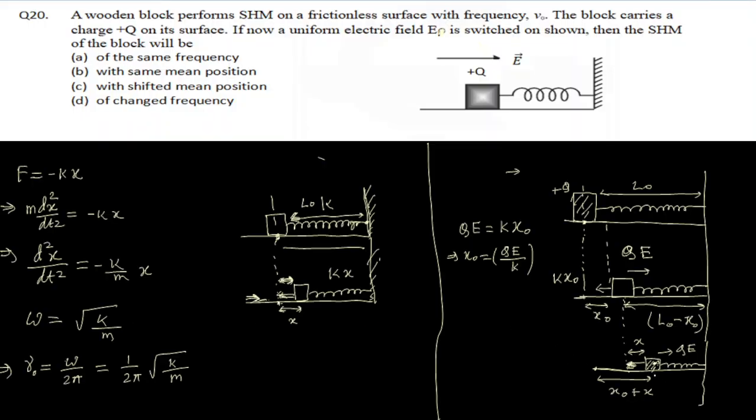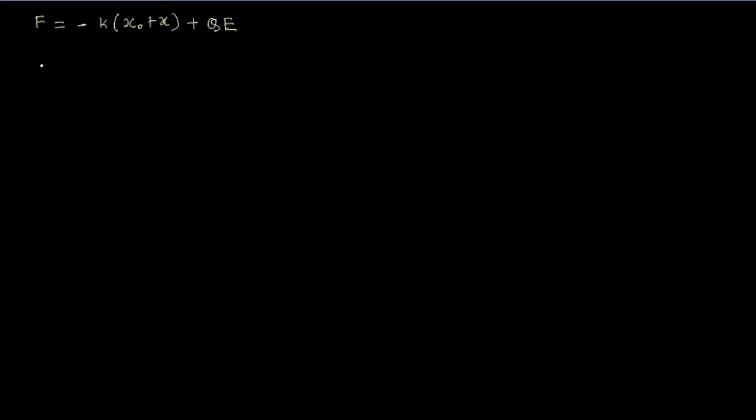Now if we write this force in terms of mass into acceleration, we can write m d²x/dt² equals minus k x naught minus kx plus qE.